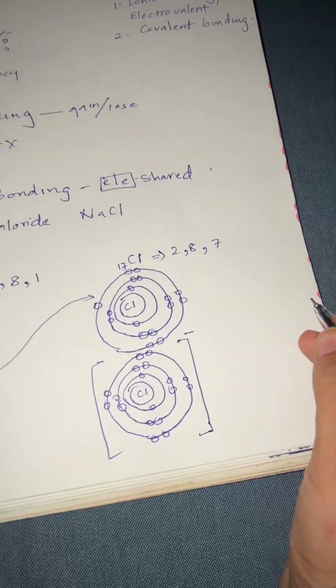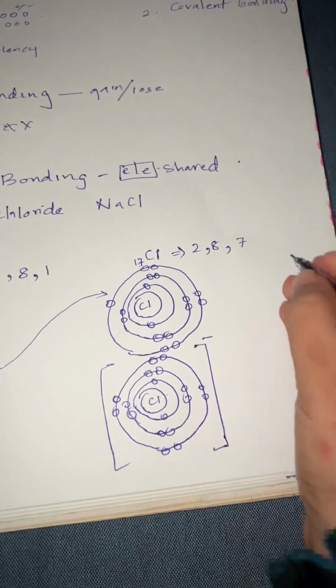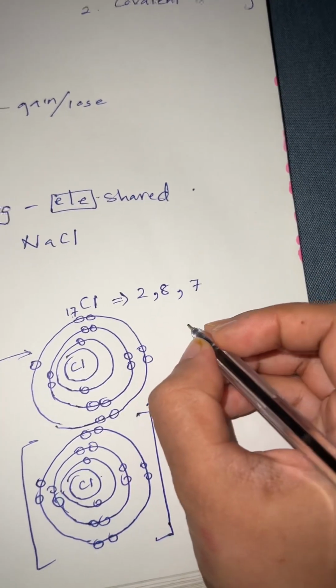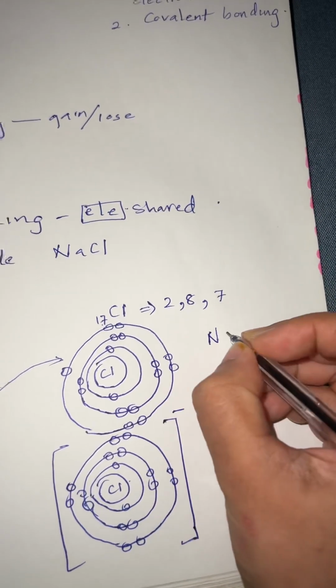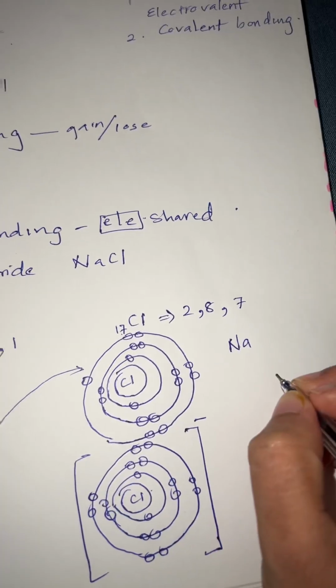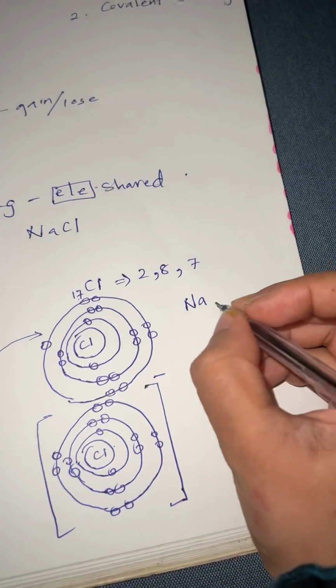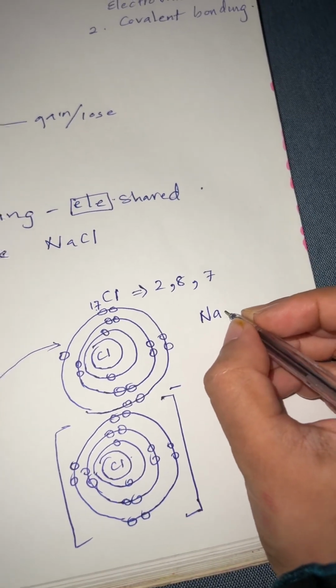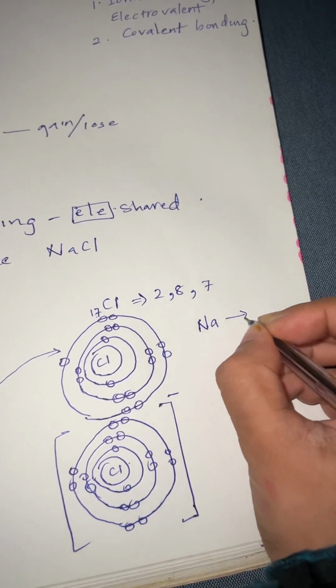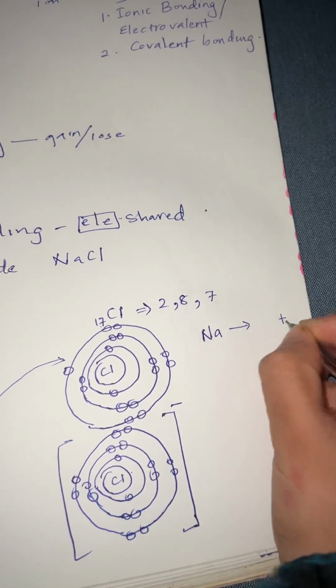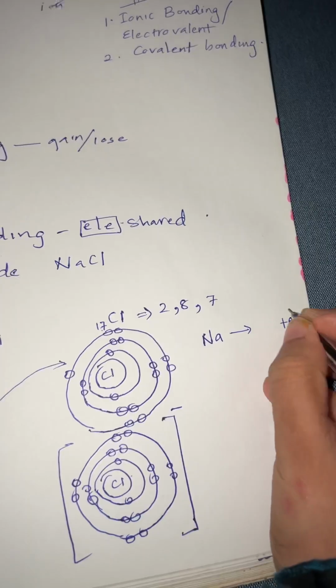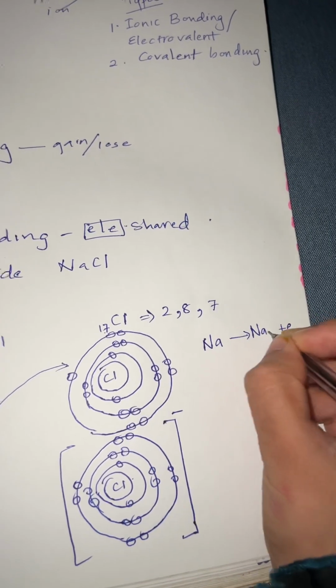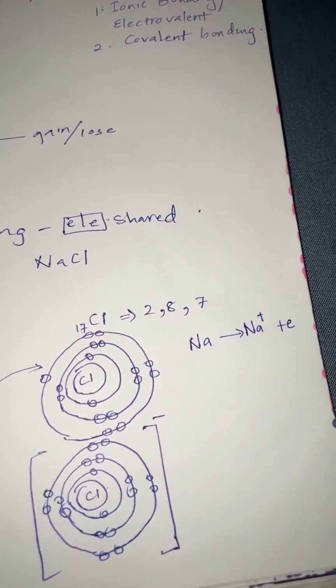So you can write simple equations for this. Sodium is an atom, right? So an electron is removed. Without writing minus electron, we put the arrow and take the minus to that side. It becomes a positive ion plus an electron; a sodium ion is formed.